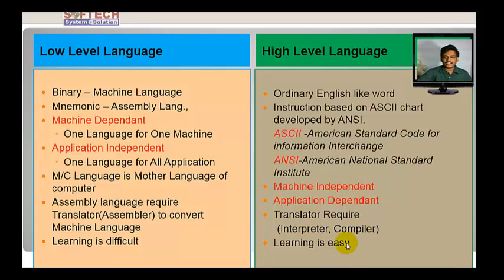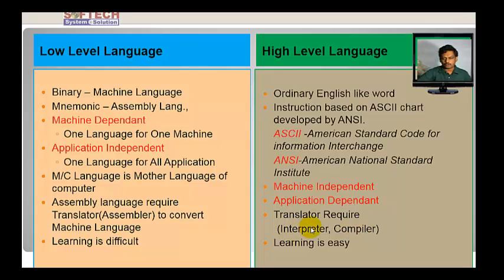But a translator is also required here, because the computer understands only machine code. We already discussed that the interpreter is a line by line translator, and both translate high-level language to machine code. The compiler converts the whole program into machine code. So translation speed is high in the compiler and low in the interpreter.